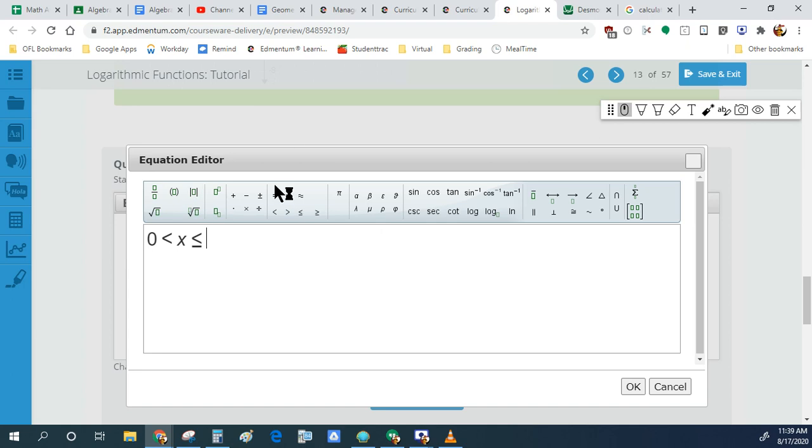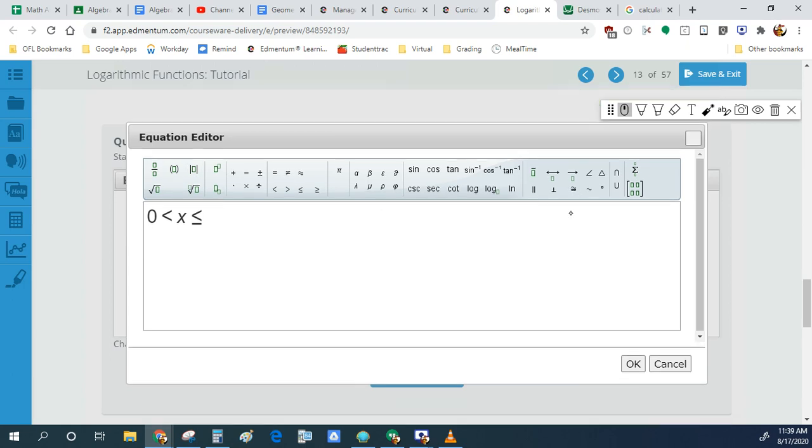And this goes on forever, right? Whenever I look at the graph, this goes on forever. So I want to use the infinity symbol here. Where's infinity? Does it not have the infinity symbol?